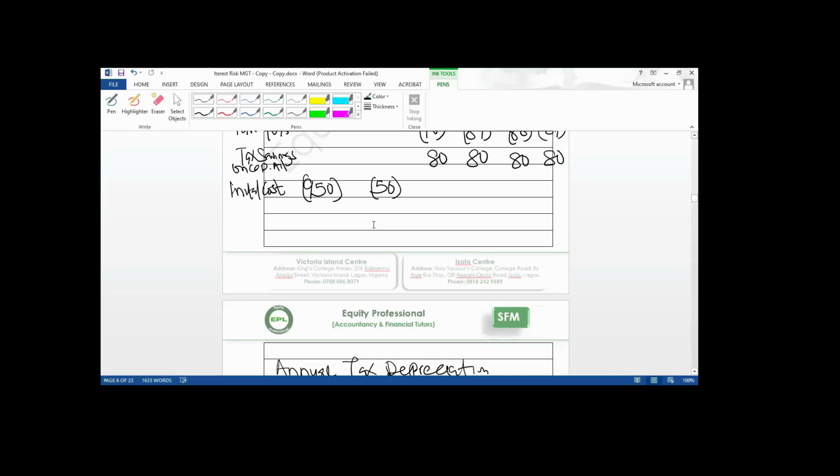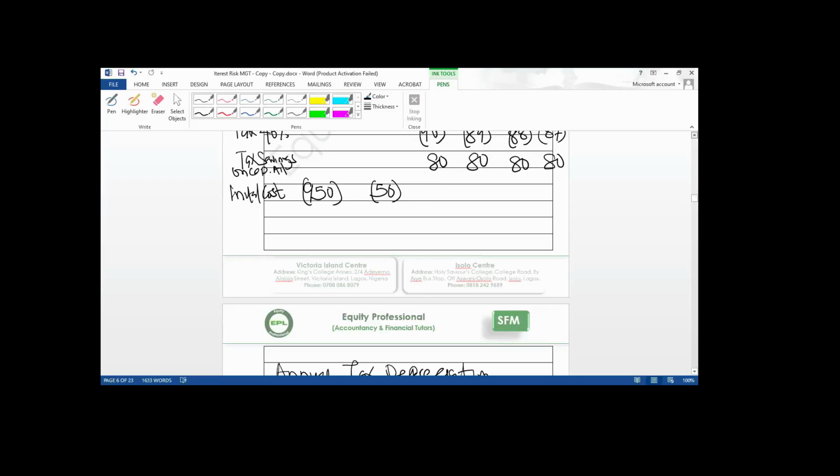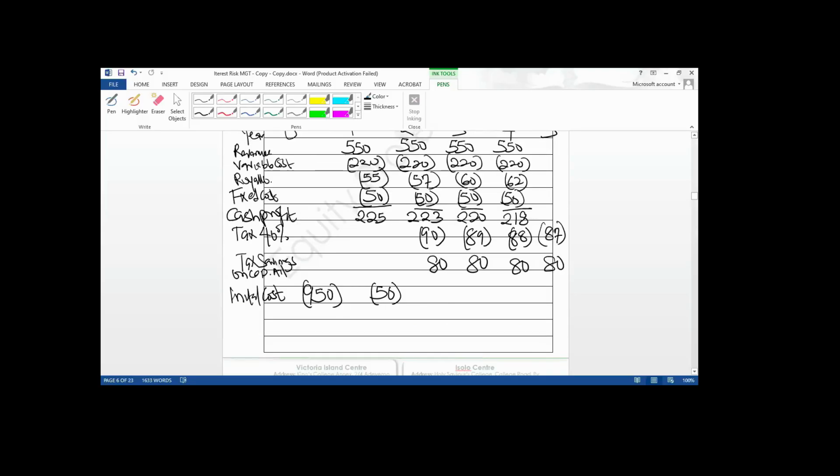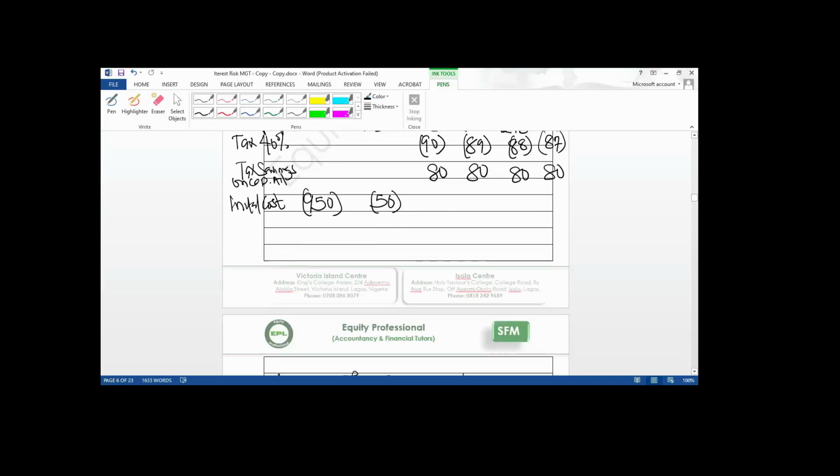At the end of the project, working capital will be recouped. The project will end in year 4. That means at year 4, we are going to recoup working capital.